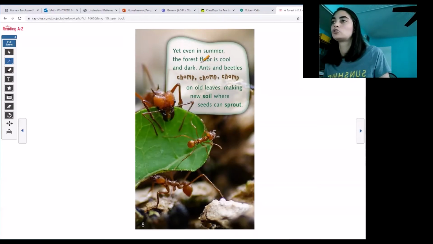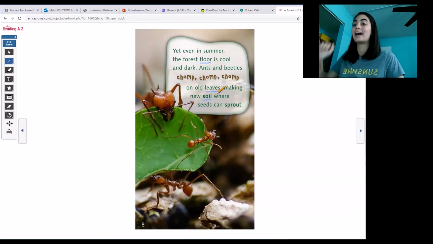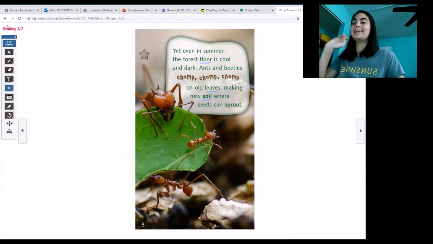Okay, so we have the word floor. It's a place or a thing. We have leaves. We have soil. All right. So three nouns I'm going to underline for you. And I want you to put a star next to the adjective that describes the noun that I underlined.